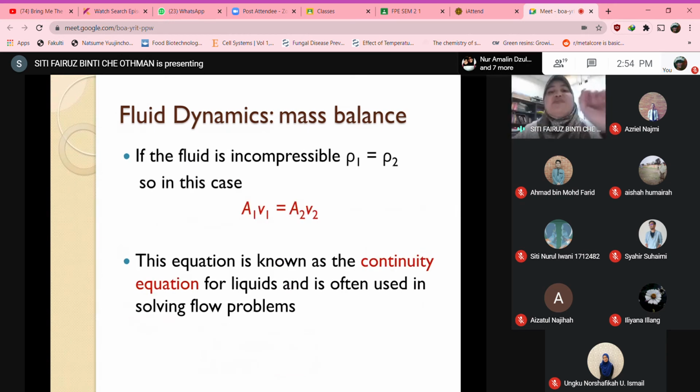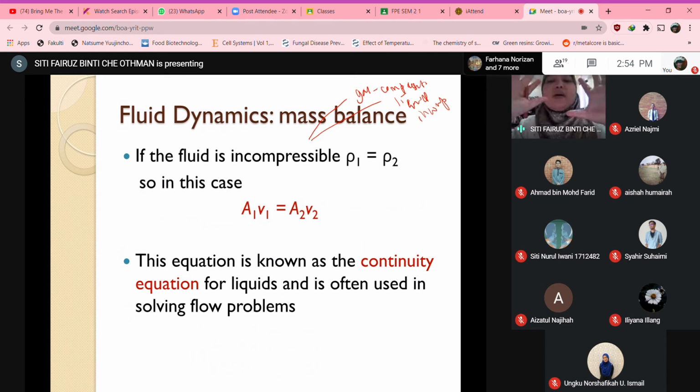Alright. So if the fluid is incompressible, okay, incompressible macam tadi ada dua. Kalau gas, dia compressible kan. Kalau liquid, the incompressible. Okay, so because we are talking about fluid lah, so fluid is actually liquid, so kita akan actually label this as incompressible.